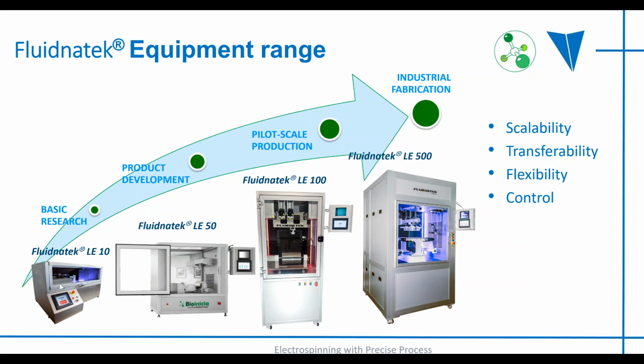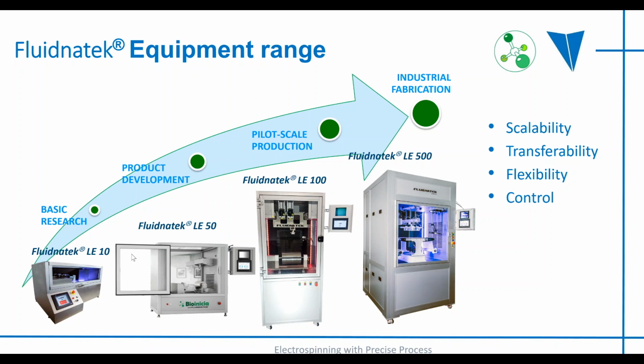Okay, thank you. So just to introduce you to the range of electrospinning equipment that we sell. We have the FluidNet-Tech LE10 on the left-hand side, which is our smallest machine, laboratory benchtop equipment. We'll go through it in more detail in the next slide. The LE50 is a slightly more advanced machine, still laboratory benchtop equipment, but able to work with climate conditioning. We have the LE100, which is a larger machine.